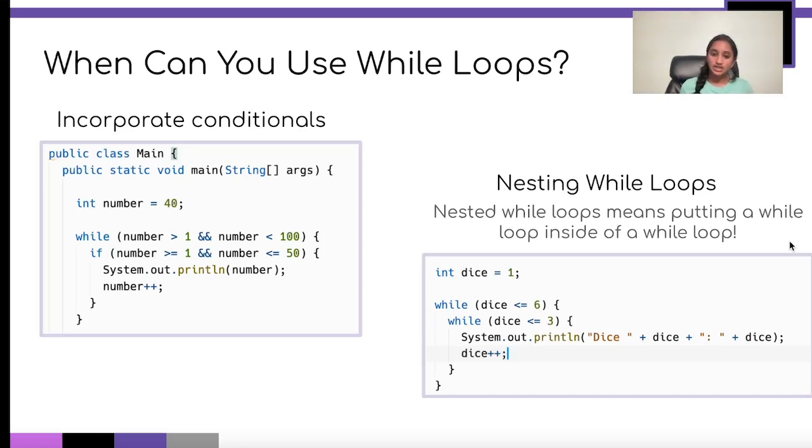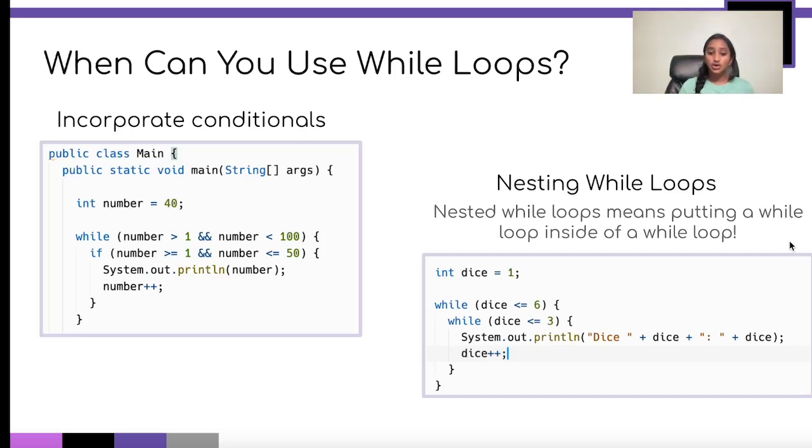And speaking of nesting, nesting while loops basically means where you put a while loop inside of another while loop. So in this example, you can see that the dice number is equal to 1, while the dice number is less than or equal to 6, and while the dice number is less than or equal to 3, it's going to print out the dice value, colon, and then dice, and then it's going to increment.